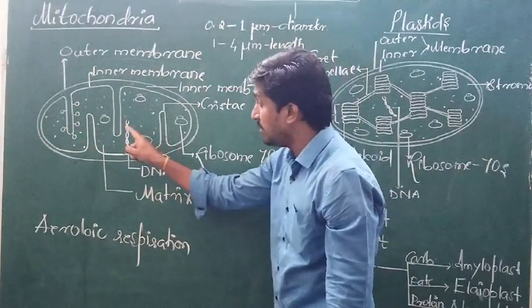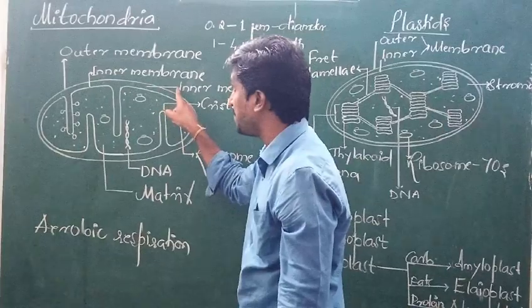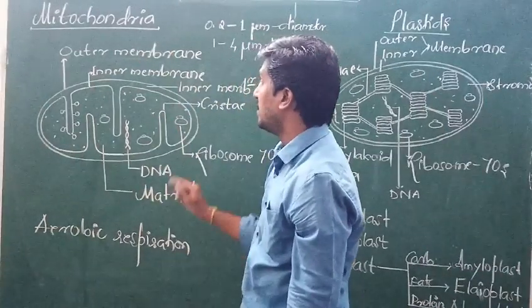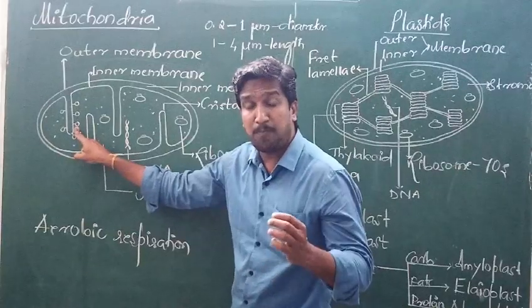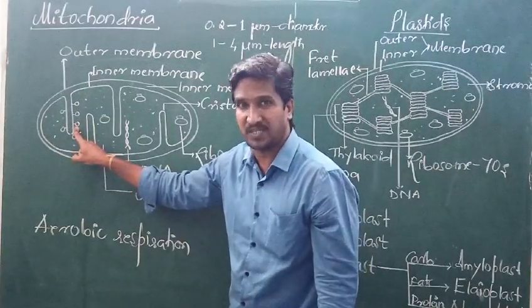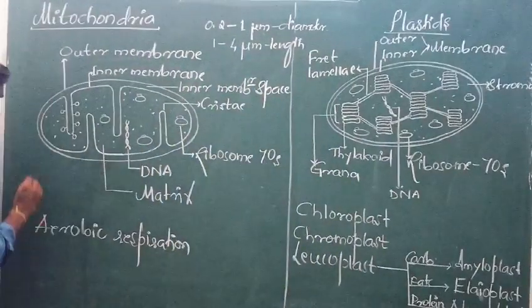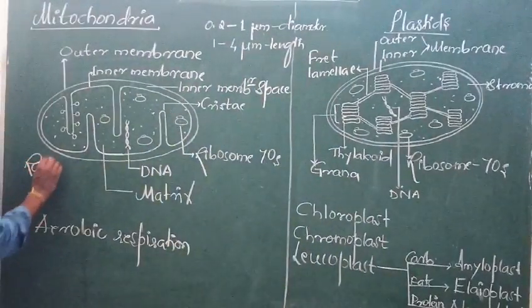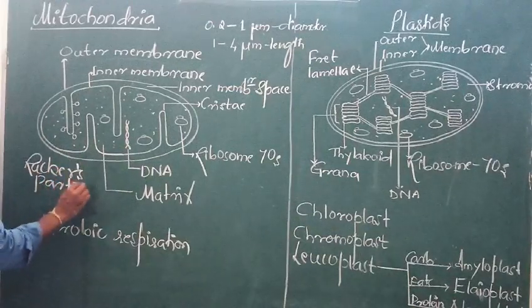And on the cristae, the inner fold of the inner membrane of mitochondria, lollipop-like structures are present, and they are called Racker's particles.